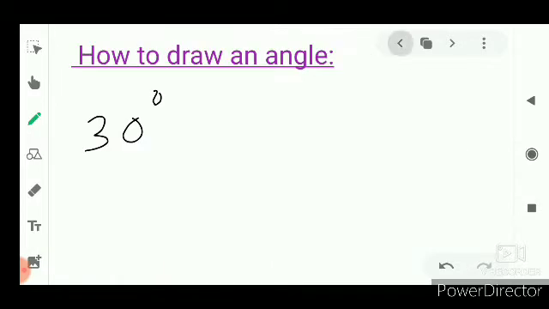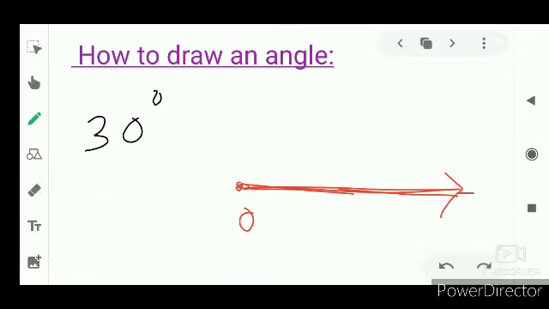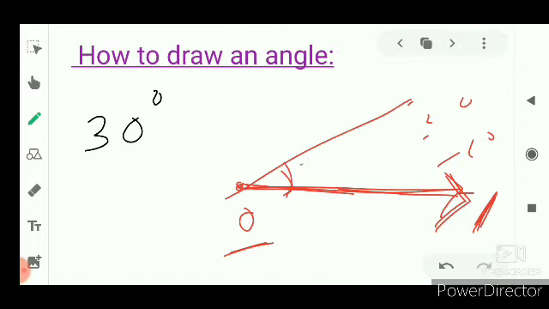Let's see. Suppose this is your starting point, and you are drawing from this arm. If you start counting from here, you count 10, 20, then 30. So this will be your angle of 30 degree.